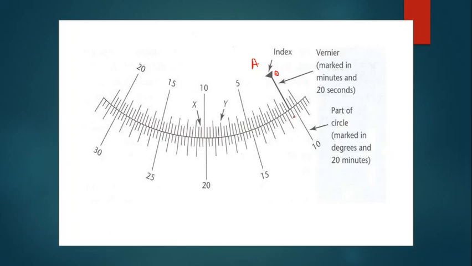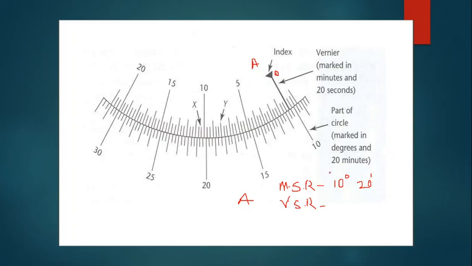Therefore we must consider the lower side, and for the vernier A reading we consider the main scale reading and the vernier scale reading, VSR. The main scale reading in this particular case is 10 degrees and 20 minutes, whereas on the vernier scale we will only get minutes and seconds, not degrees.